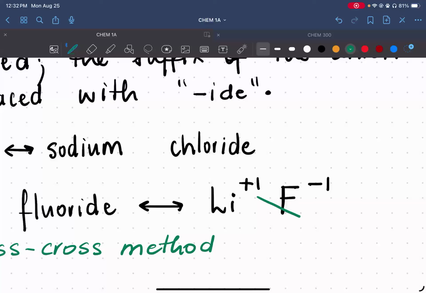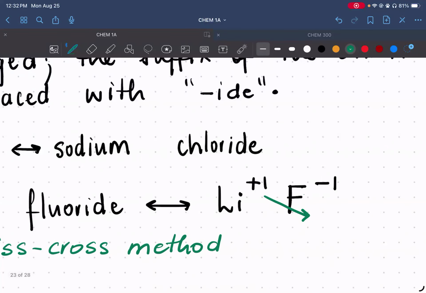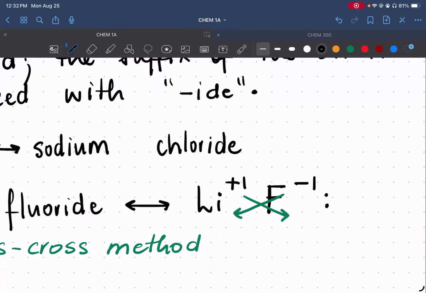So the 1 from the lithium gets crisscrossed to the fluorine. The 1 from the fluorine gets crisscrossed to the lithium, such that the final formula is LiF, where there is a 1 after the lithium and the fluorine. However, we do follow general math rules. Anything that is not written is implied to be 1, so we simply write LiF.